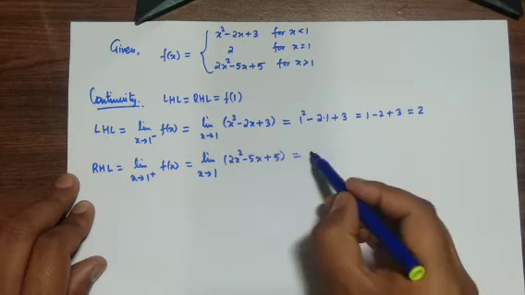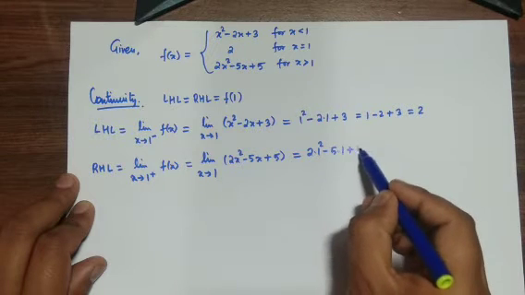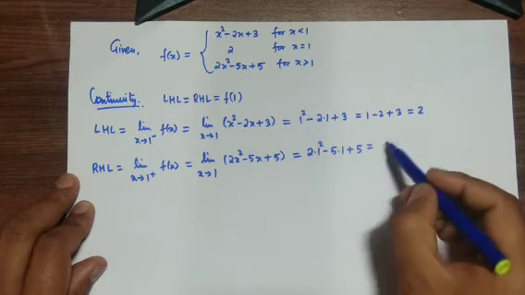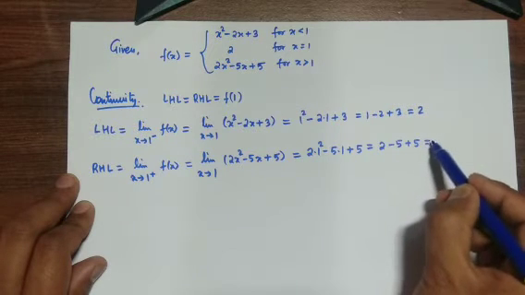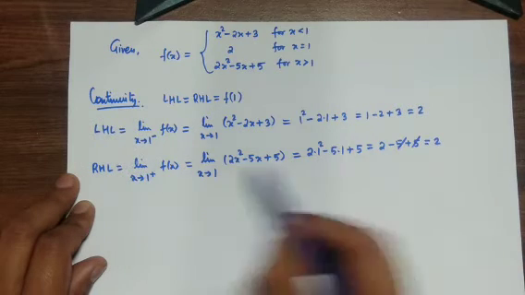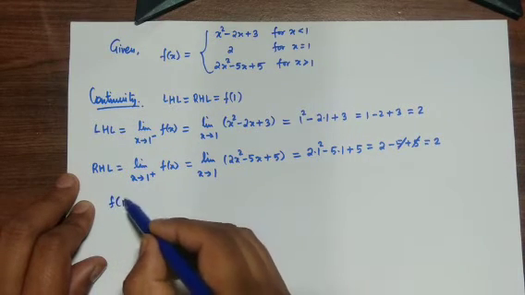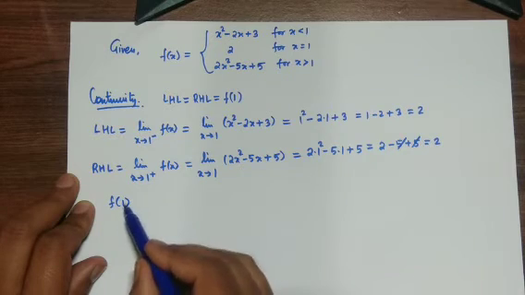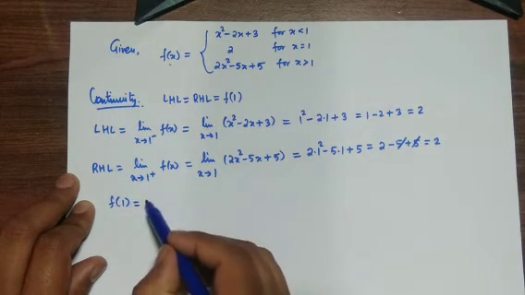So we have 2 into 1 square minus 5 into 1 plus 5. So 2 into 1 square is 2, minus 5 plus 5, and this gets cancelled, so only 2 is left. So my right hand limit is 2, my left hand limit is 2, and we need to calculate my function value. When x is equal to 1, my function value is 2. So my f(1) is also 2.